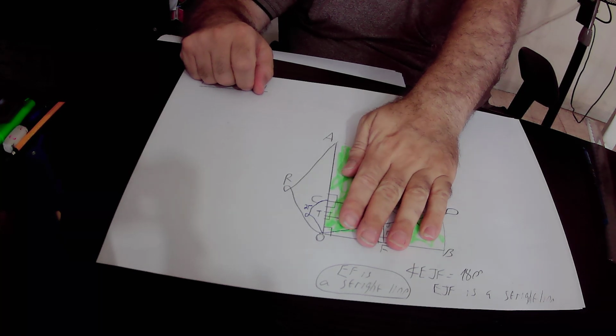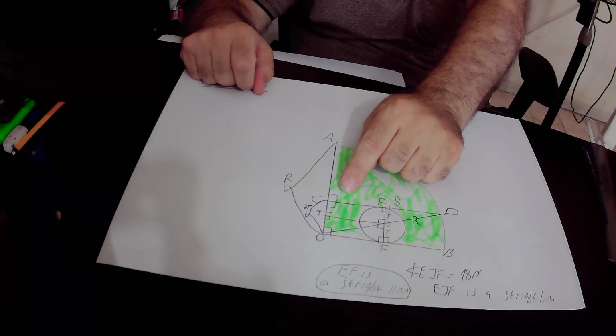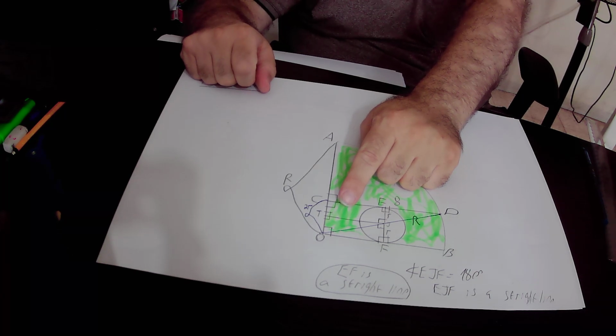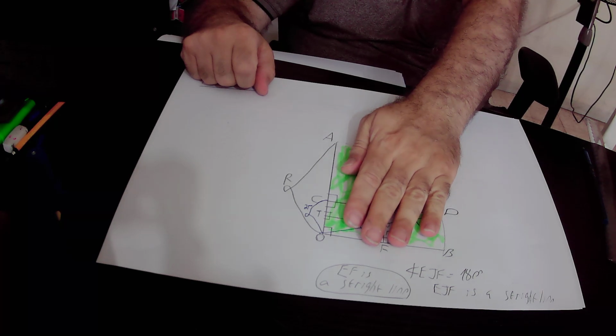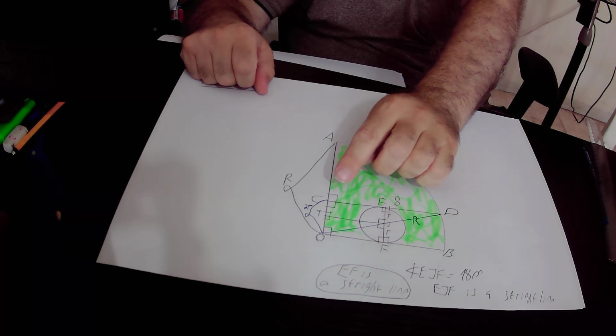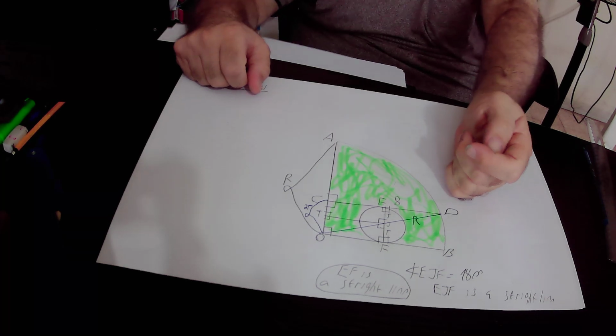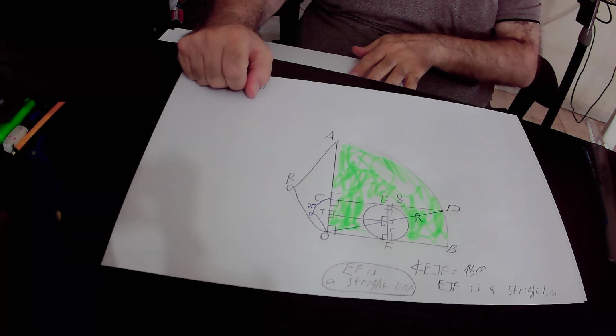So which angles do we have at this side of the straight line AO at point C? We have this angle that is equal to 90 degrees plus the missing angle. In total they must be equal to 180 degrees. Therefore the missing angle must also be equal to 90 degrees in order to complete the sum of the angles on this side of the straight line AO at point C to 180 degrees.